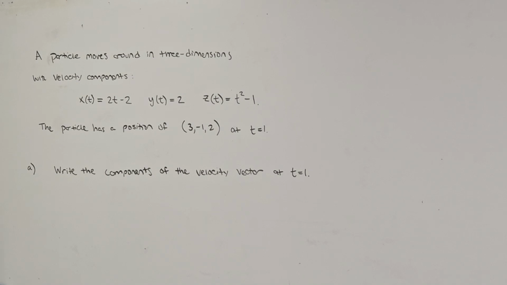Alright, so today we're still gonna hang out with this idea of vector valued functions. I really wanna hang around specifically this idea of particle motion, talking about velocity, acceleration, speed, things like that. So we have a particle that moves around in 3 dimensions, and careful, it says with velocity components.